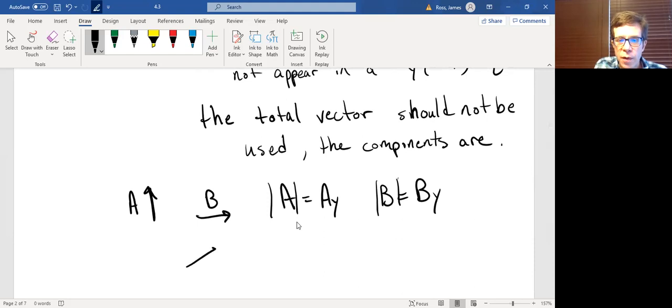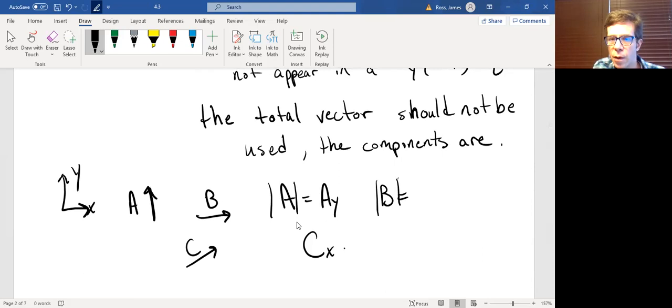For any vector that's at some angle relative to your coordinate axes, you'll have some non-zero values, right? So you'll have a cx times, I put a y here, this should be an x, sorry.